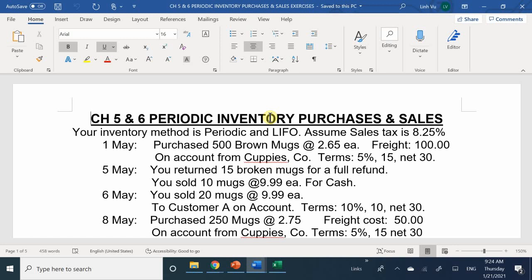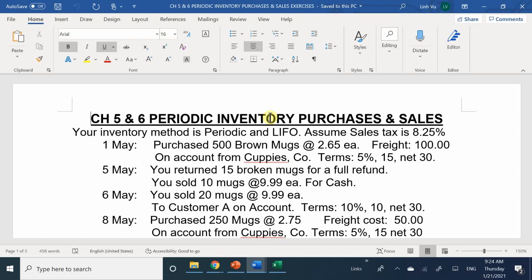Example or exercise here. Here is the assumption that your inventory method is periodic and it is LIFO. Assume that sales tax is 8.25%. So let's start with the first scenario on May 1st.